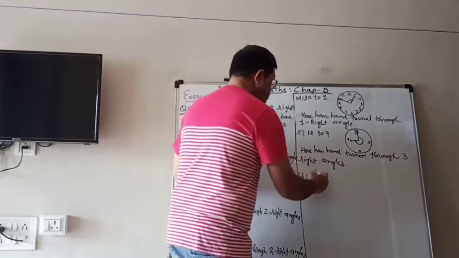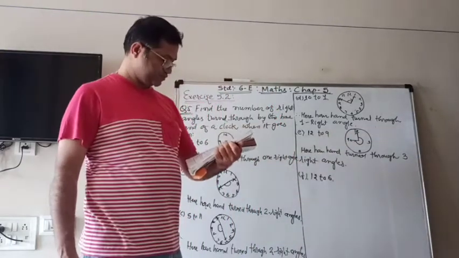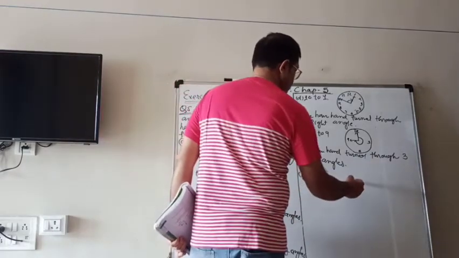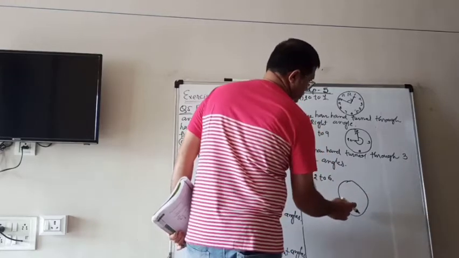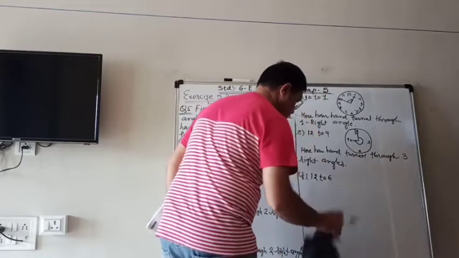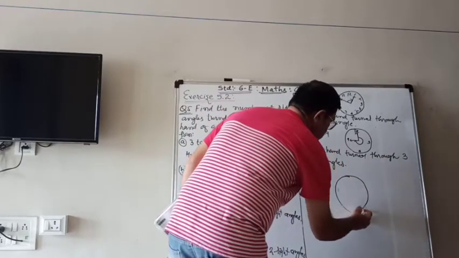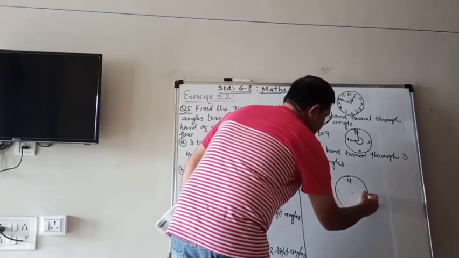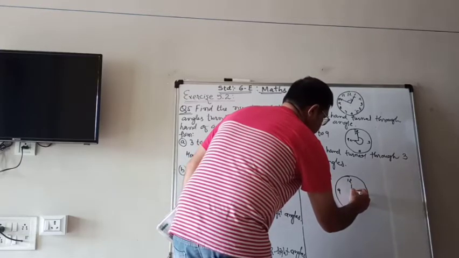And then the last shows 12 to 6. Twelve, 6, 3, 9. Now we know that 12 and 6 are here.